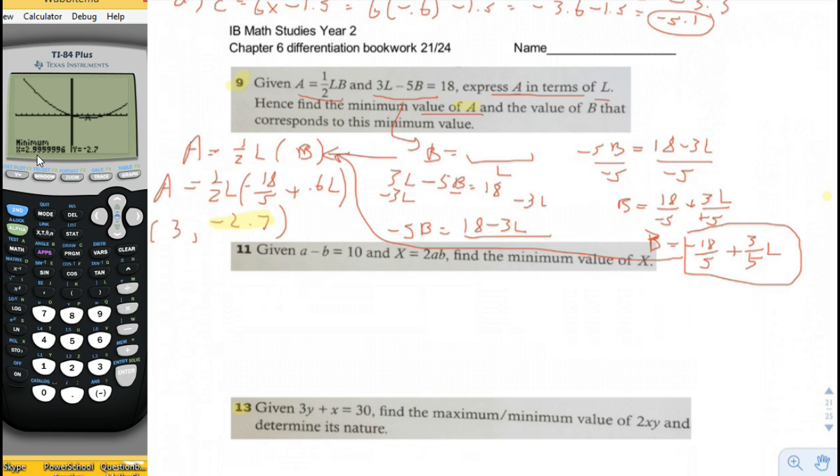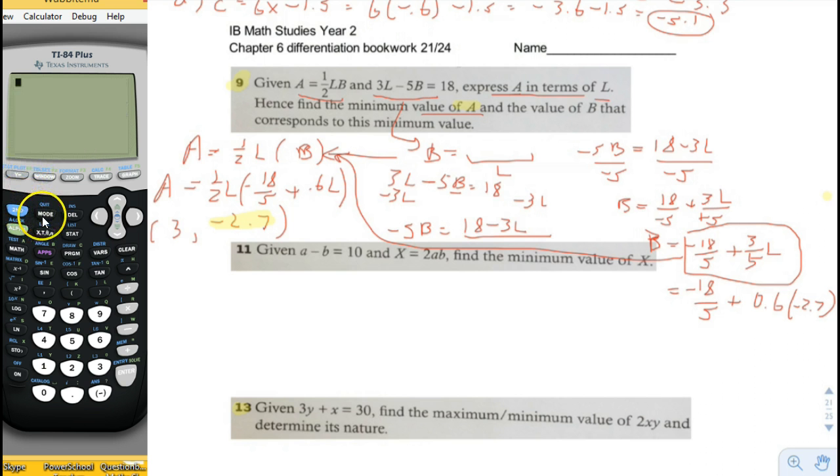And then I'm just going to substitute in for the B. Remember, this is the same thing as 0.6 L. I'm going to substitute in for L negative 2.7. Negative 2.7. And you can do that with the calculator.